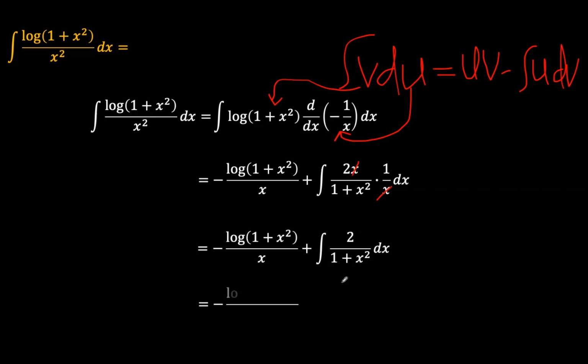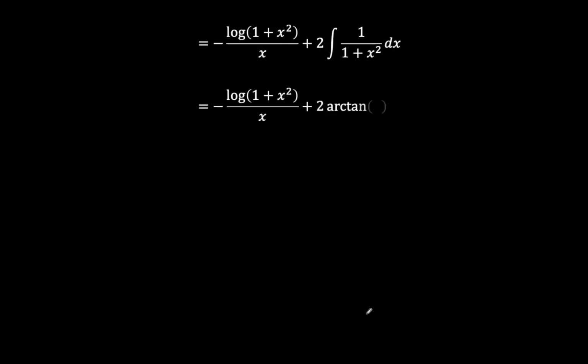And we can pull that constant 2 out, and so we have negative natural logarithm 1 plus x squared over x plus 2 times the integral of 1 over 1 plus x squared, right? And the integral of 1 over 1 plus x squared is a popular integral that results in the arctangent of x.